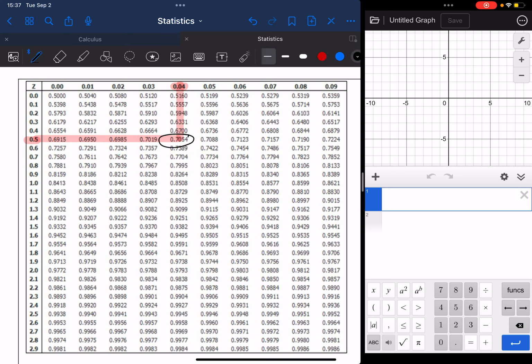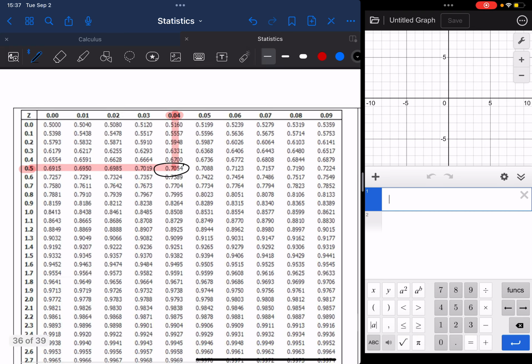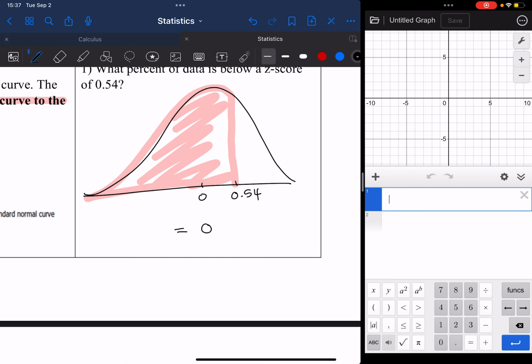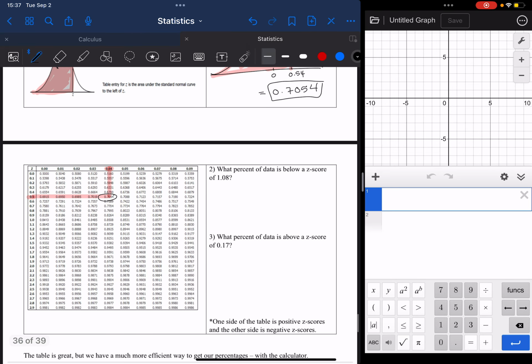So in this case, the area that is below 0.54 would be 0.7054. So that's what I would write here. So this is equal to 0.7054. And I'm going to do the same thing for the other two examples.